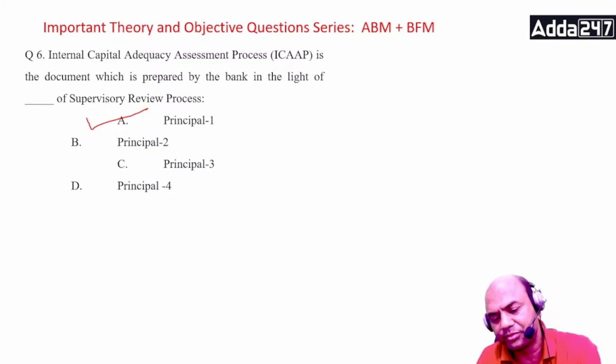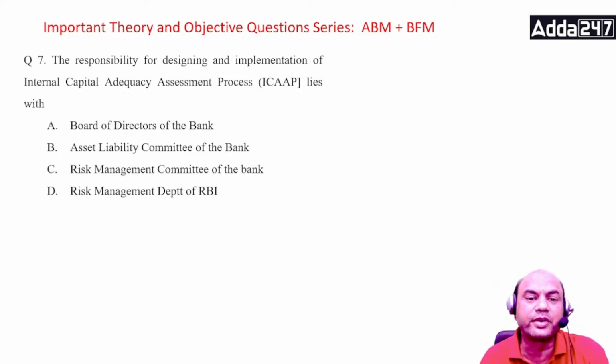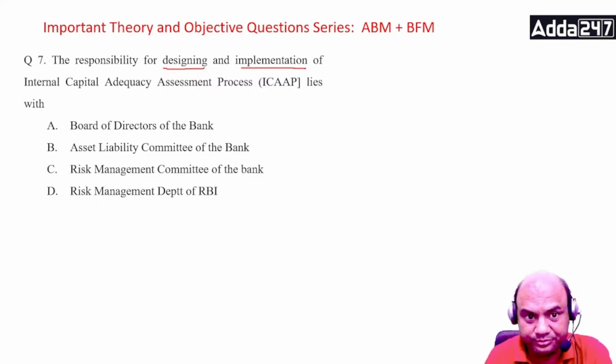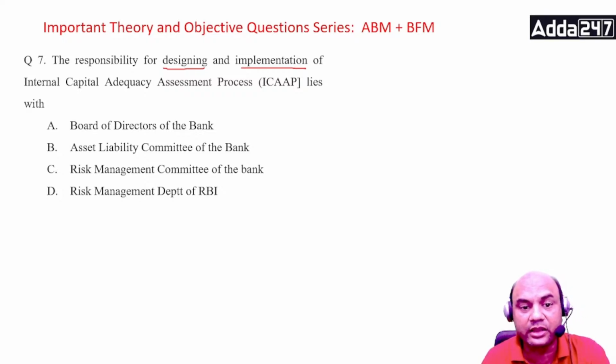The responsibility of designing and implementation of ICAAP lies with whom? Focus on the words: Board of Directors, ALCO (Asset Liability Committee), Risk Management Committee, and Risk Management Department of RBI.